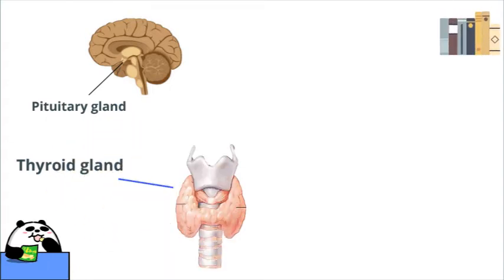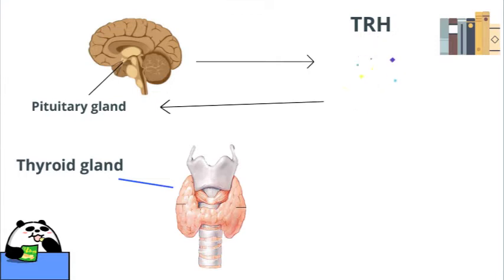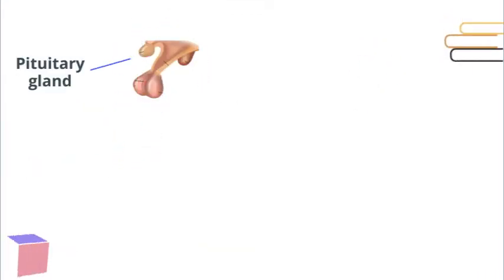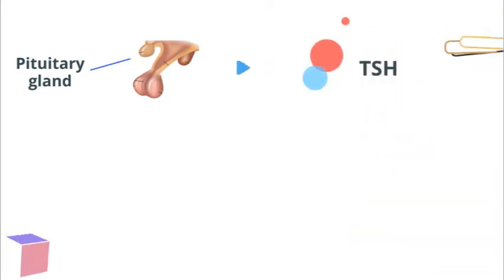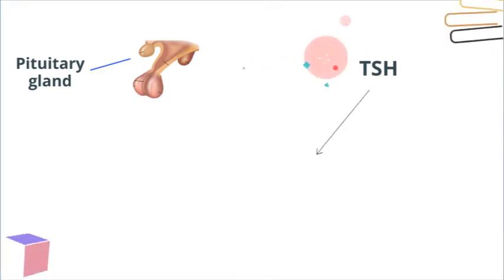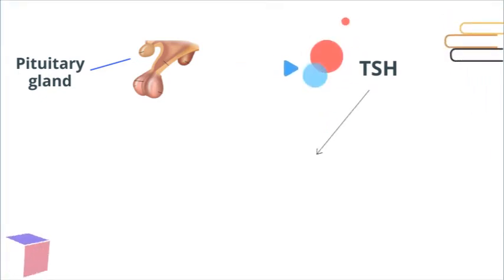The hypothalamus secretes thyrotropin-releasing hormone, or TRH, and this hormone stimulates the anterior pituitary gland to produce thyroid-stimulating hormone, or TSH. This hormone will travel through the circulation and reach the thyroid gland.